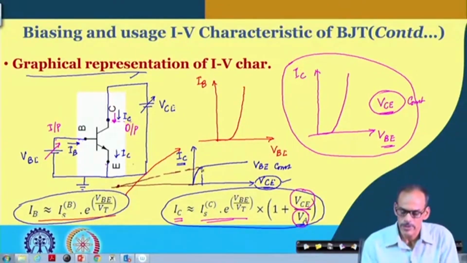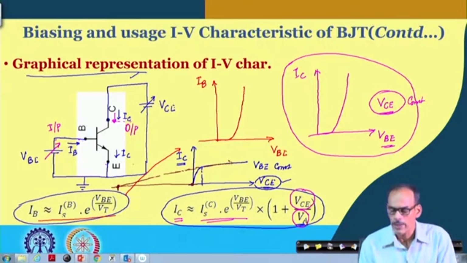So, that represents that at VCE equals minus VA, this part becomes 0, and hence the corresponding extended current becomes 0. So, that is the significance. In other words, the higher the value of this point, if this point is far away from the origin, the slope of this line is less.